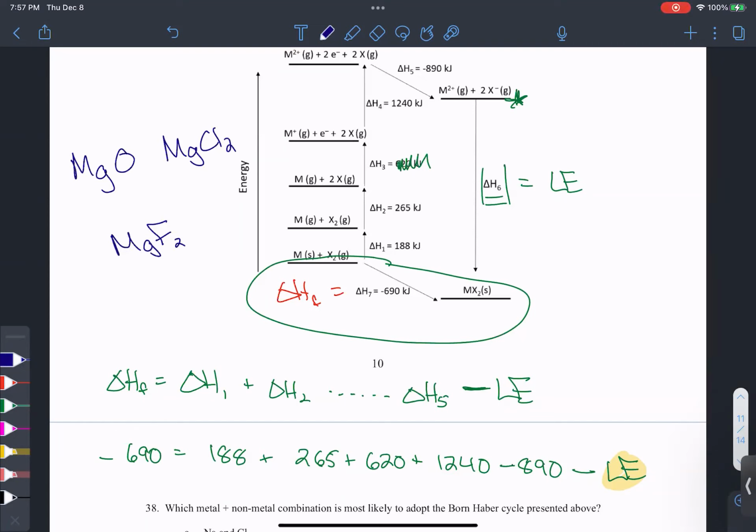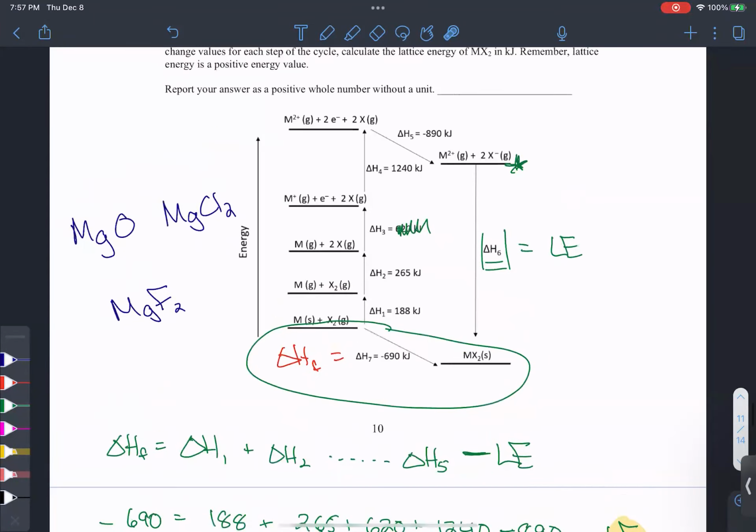And I ask, which one has the highest lattice energy? Which one would you say? MgO, yes. But when I ask which one has the greatest lattice energy, recognize that lattice energy is how big this last step is. When we make MgO, we have to worry about the second electron affinity of oxygen, which is an endothermic step. So that's what makes this last lattice energy step larger.